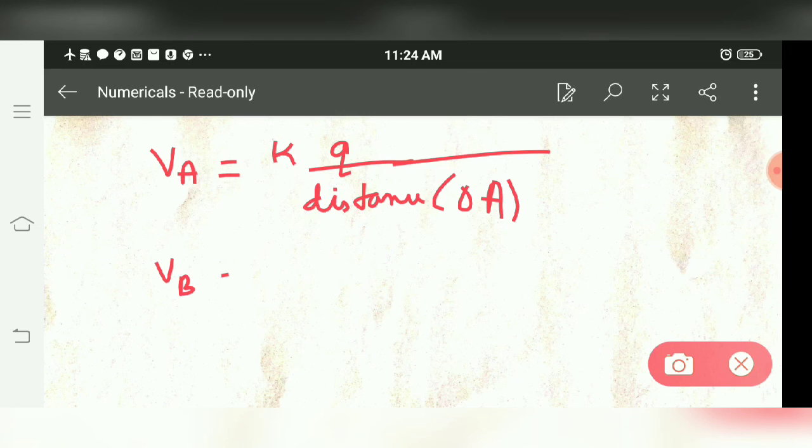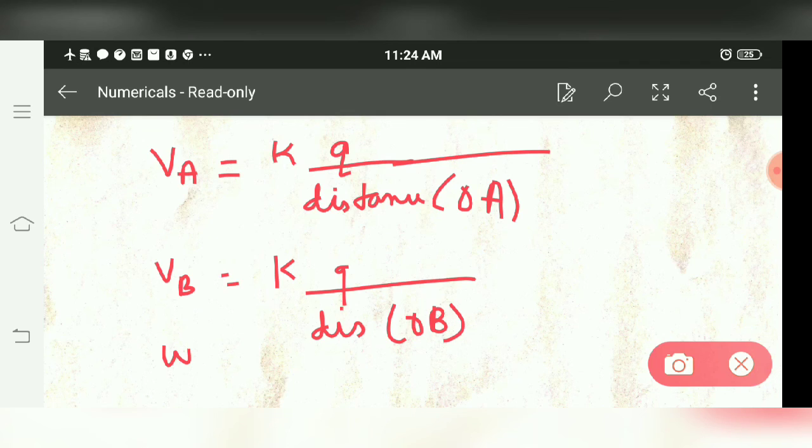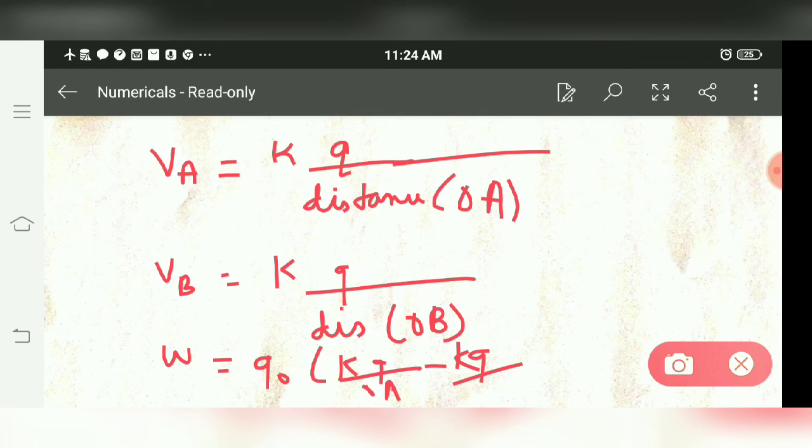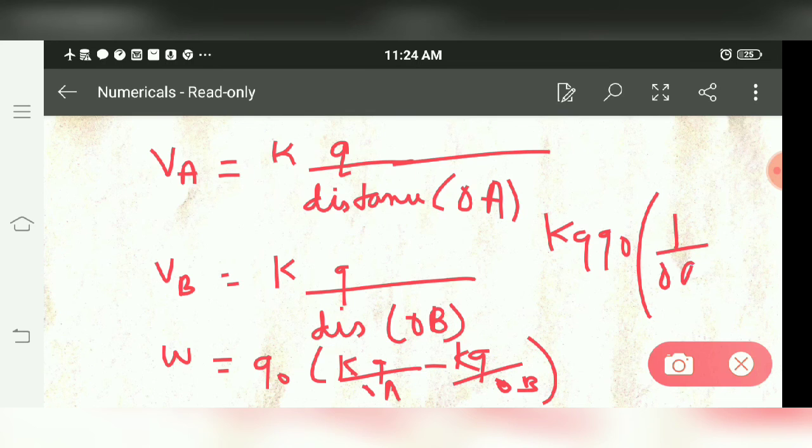VB is k times charge upon distance OB. Then work done equals Q naught into VA minus VB. K and Q are common, so inside we get 1 by OA minus 1 by OB.